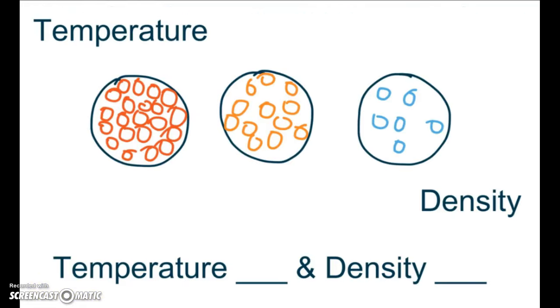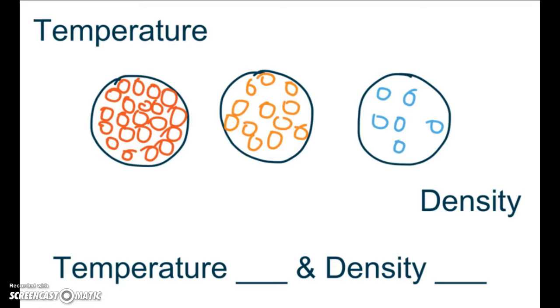Temperature also affects the density of the particles. If we look at the examples of the three particles, red, orange, and blue, the red particles have the highest density because they're the most tightly packed together. The blue particles have the lowest density because they're the most loosely packed together.